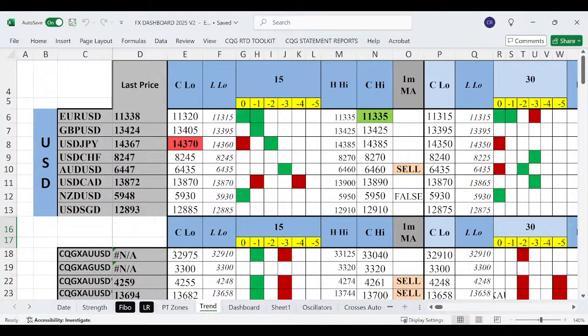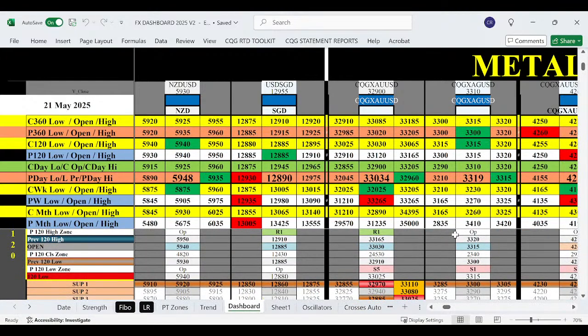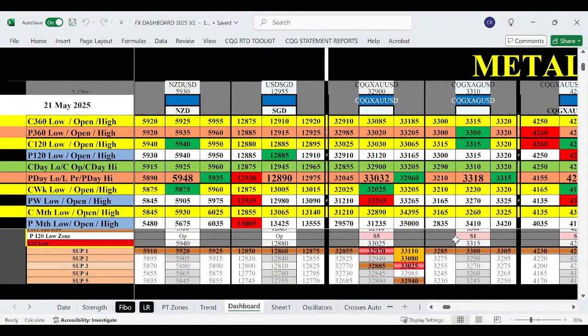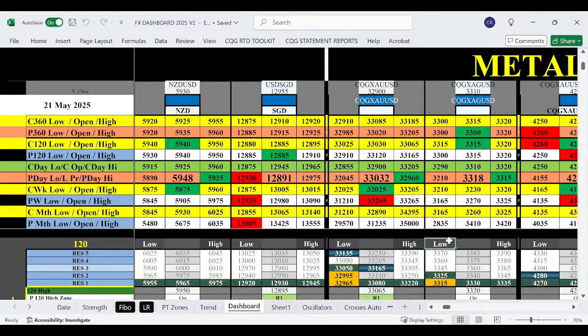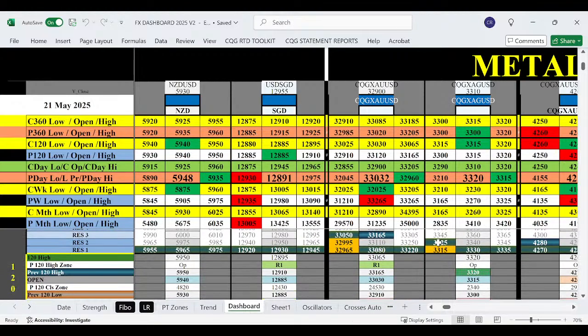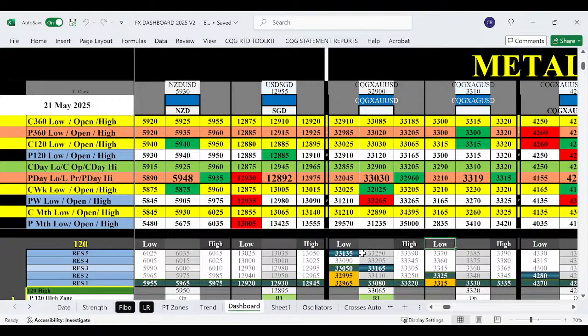So let's see gold, then followed by the currencies, then we will try to go into the trade. If you look into the gold, I think we should be holding sell below 3311 and 3308. Expect the 3296 to break.